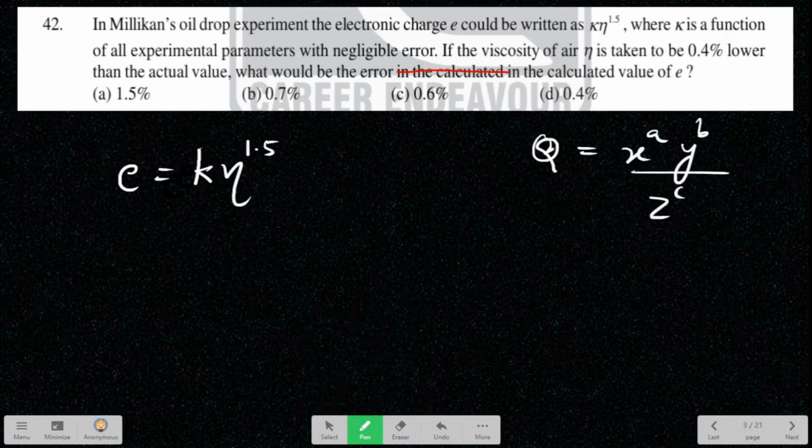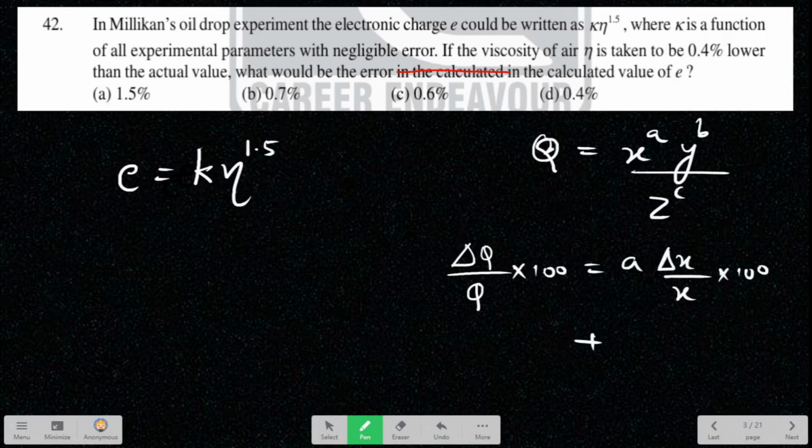So if we calculate percentage error, we write like this: delta q by q into 100 is equal to a into delta x by x into 100 plus b into delta y by y into 100 plus c into delta z by z into 100. So whatever is the powers here, they will become multiplication, and multiplication will become summation. Okay, so that's how error propagates.